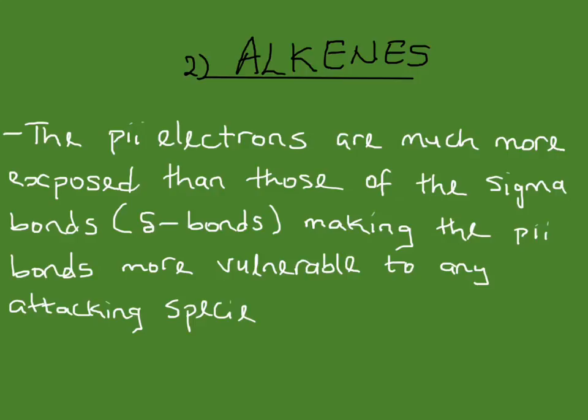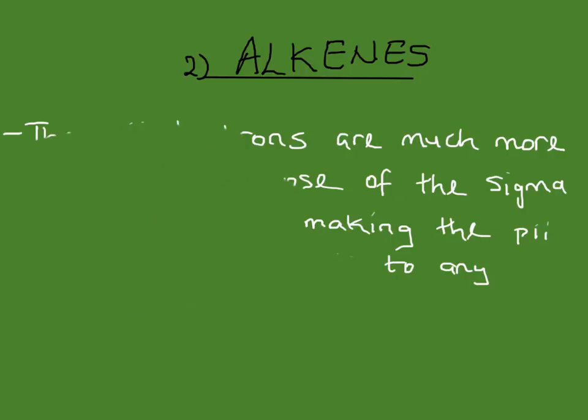What we mean here is, since the pi electrons of the pi bonds are more exposed, if alkenes have to undergo a reaction, these pi bonds will first of all react before the sigma bonds can react, which thus says that the pi bonds are more vulnerable to any attacking species.